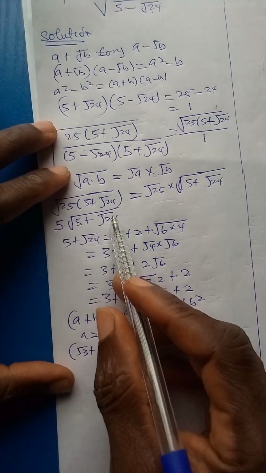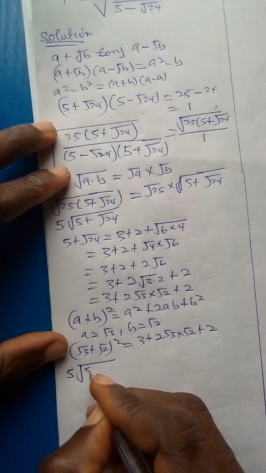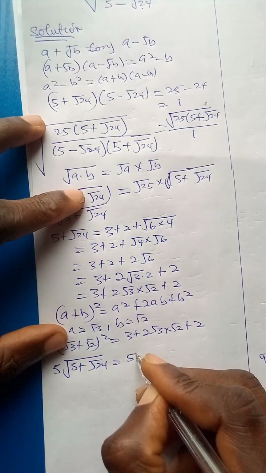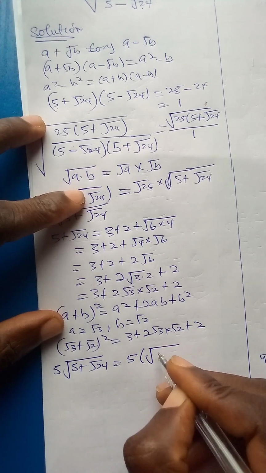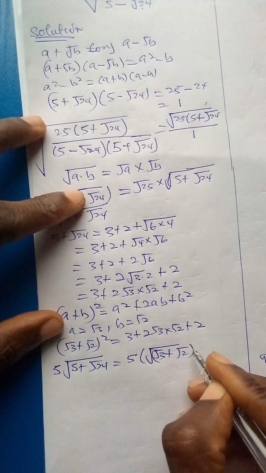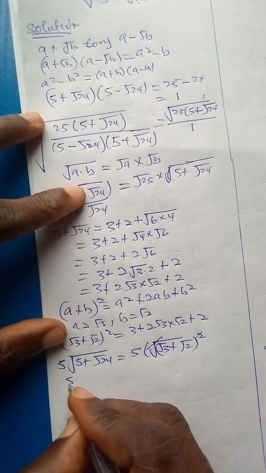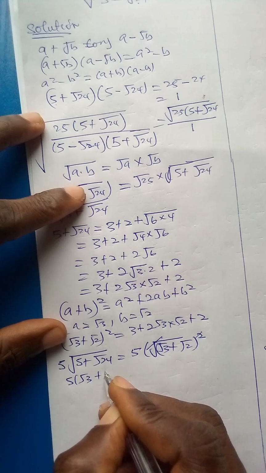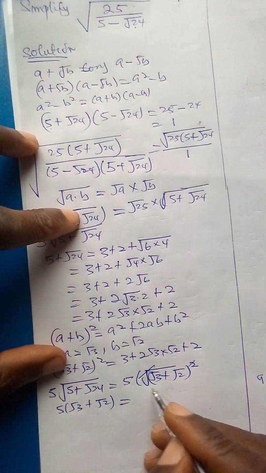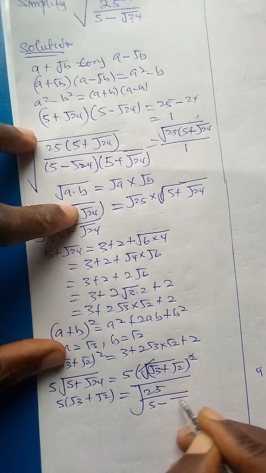So instead of writing this, I'll replace it with this. So I have 5 root of (5 plus root 24) is equal to 5 times (root 3 plus root 2) all raised to power 2. Good. Where this and this will cancel out, leaving us with 5 times (root 3 plus root 2). So this expression is equal to the original expression, which is root 25 all over 5 minus root 24.